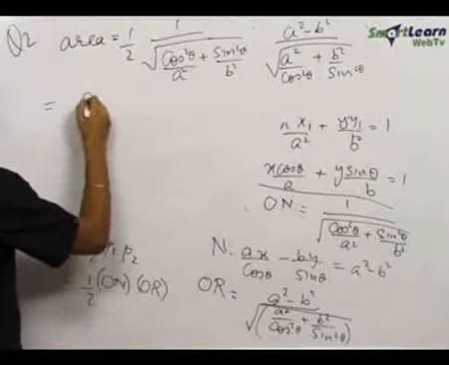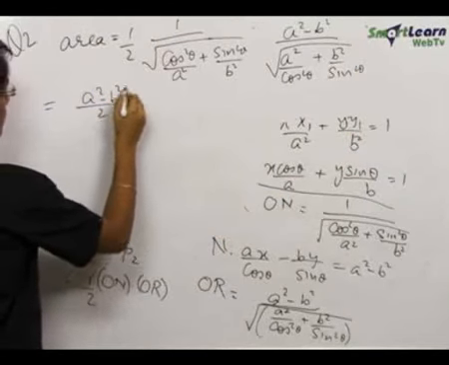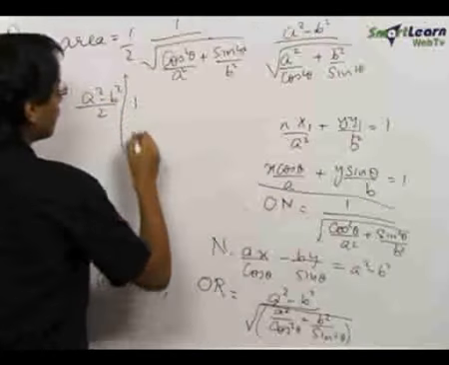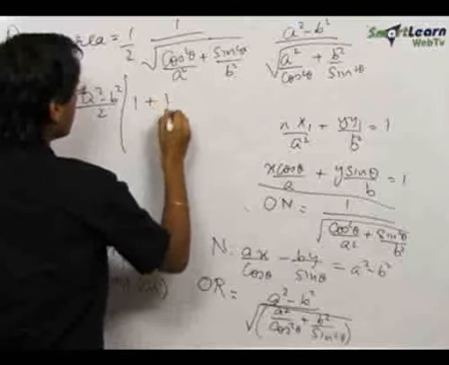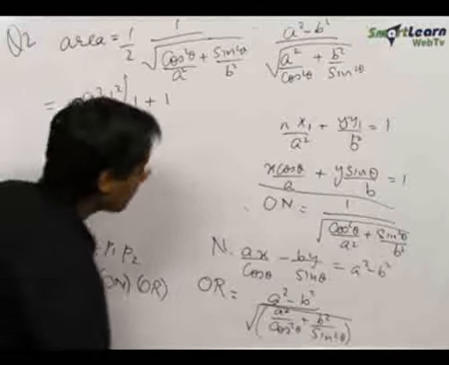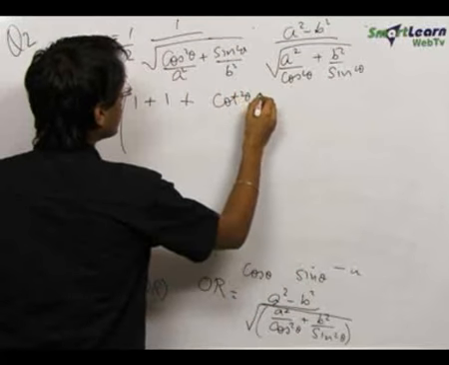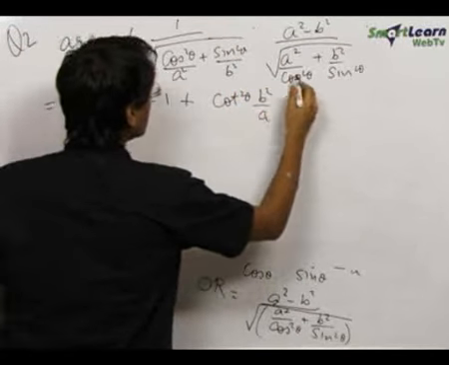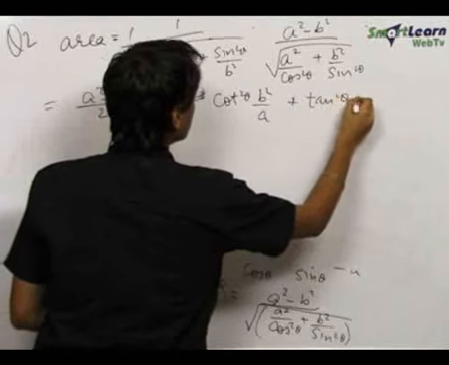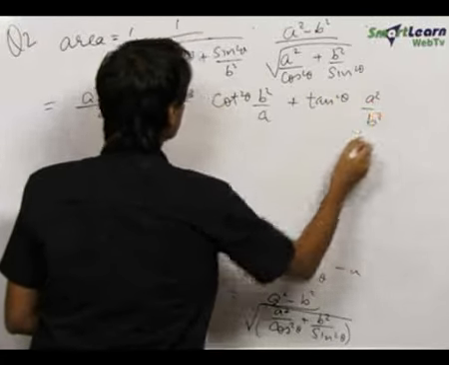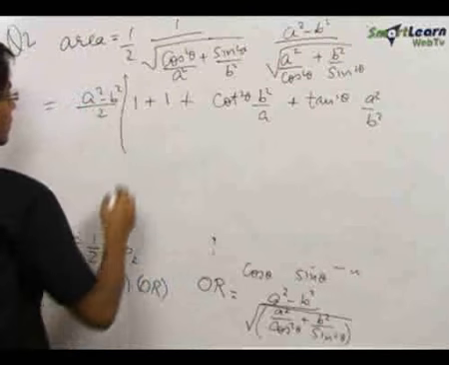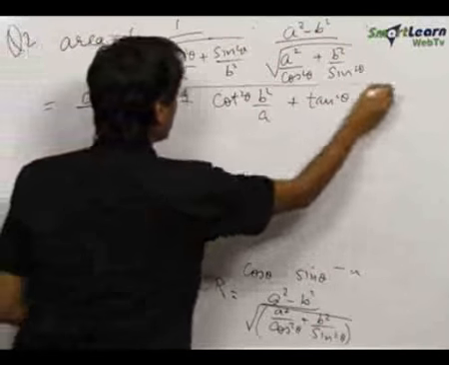On multiplying these two, we get a square minus b square by 2 into under root of 1 plus cot square theta into b square by a square plus tan square theta into a square by b square. This everything is within under root.